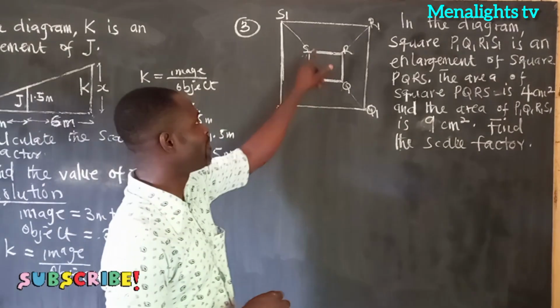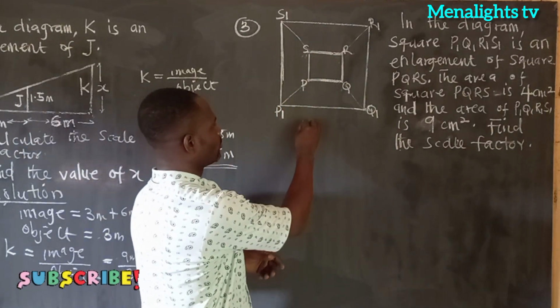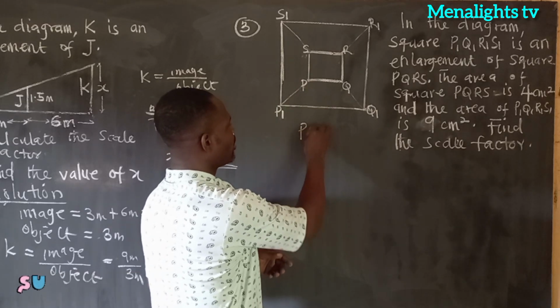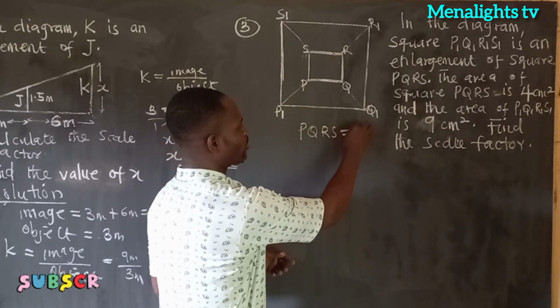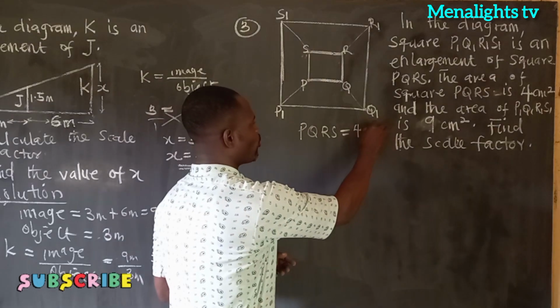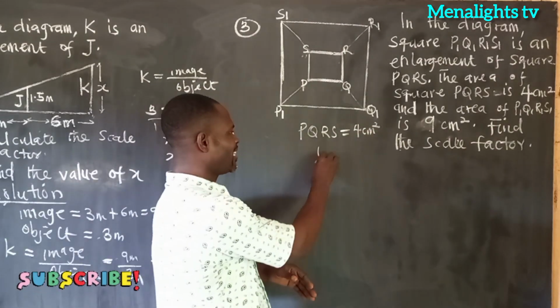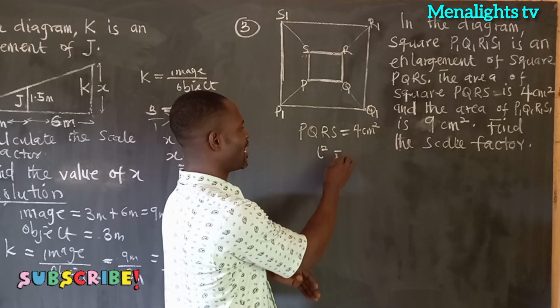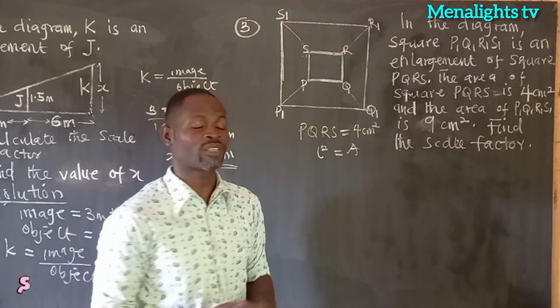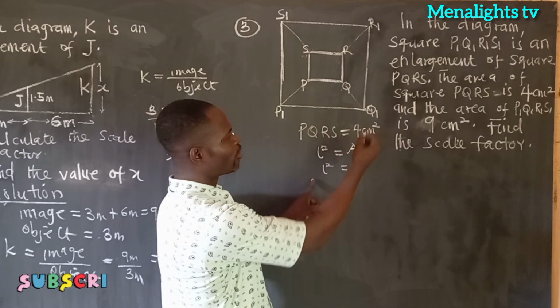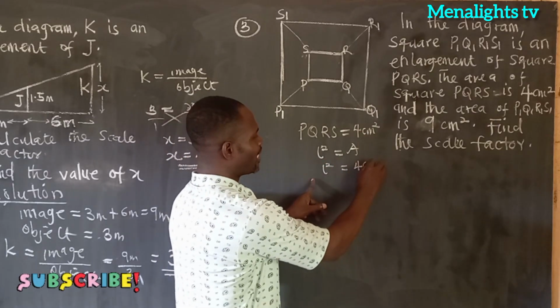Now, when we look at this, the first one, the area of this square PQRX is equal to 4 centimeters squared. So for us to find the length, we know that length squared is the area. So here our length squared is equal to 4 centimeters squared.